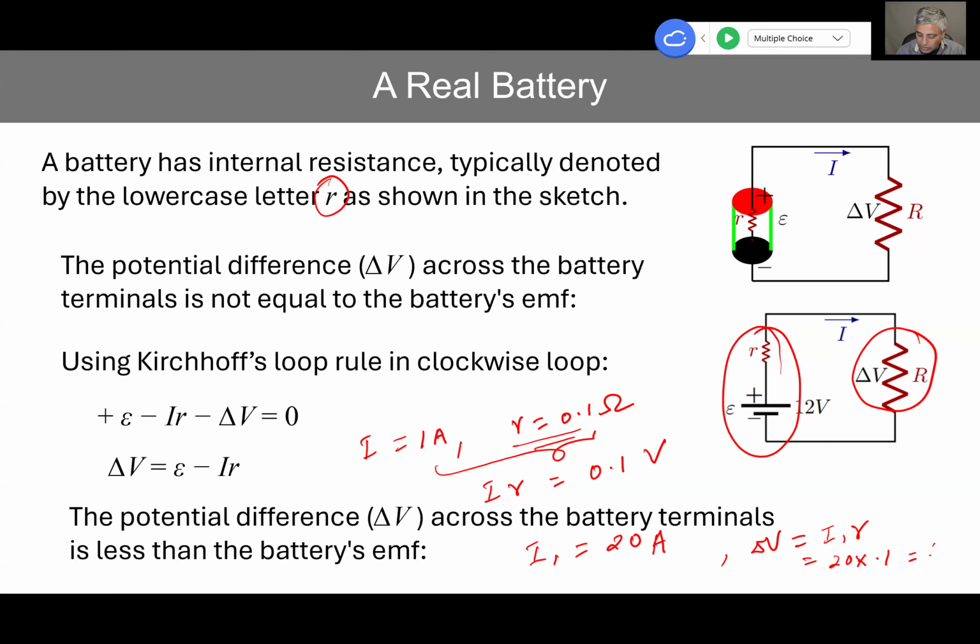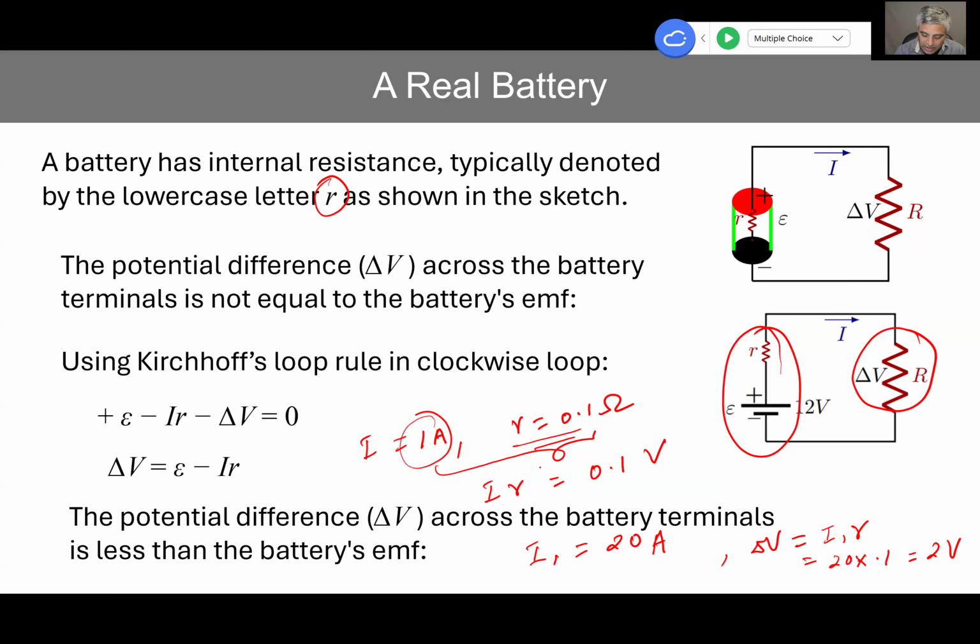So that means it's 2 volts. See? So let's say you said, okay, I'm connecting a 10 volt battery. Then how much voltage is it giving to the appliances, to the load, as we sometimes call it, or that big resistor? It's giving you just 8 volts. See, there is a substantial change.